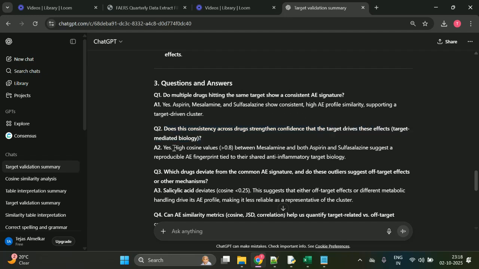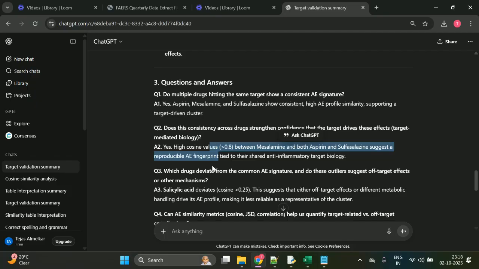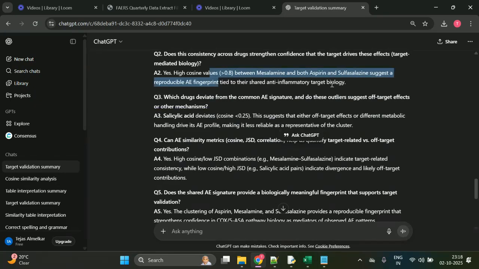The answer again is yes. High cosine values between the 3 drugs suggest a reproducible AE fingerprint which is shared to this particular target. So which drug deviates from the common signature? Salicylic acid actually deviates.